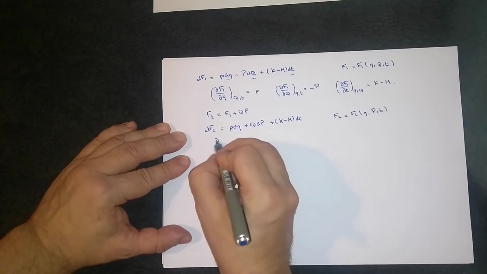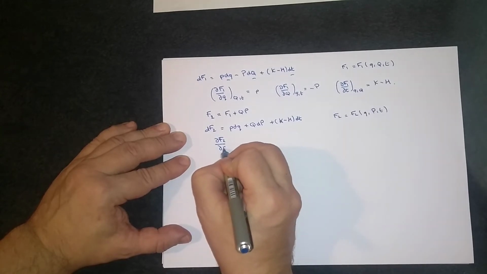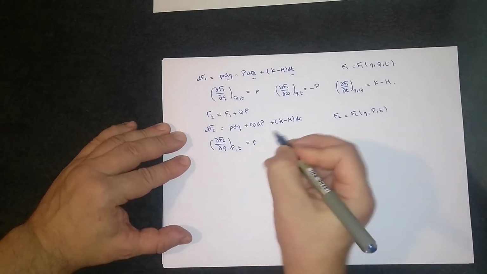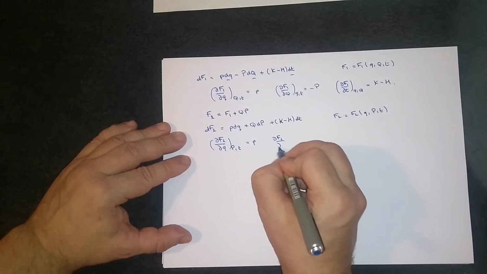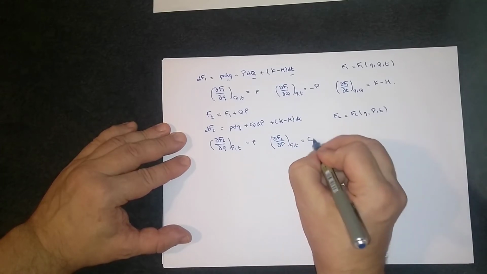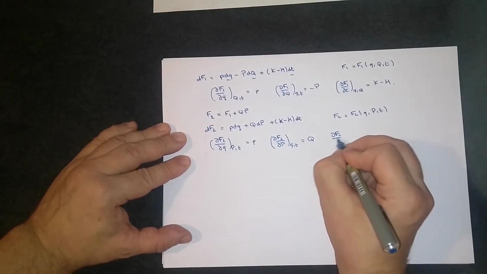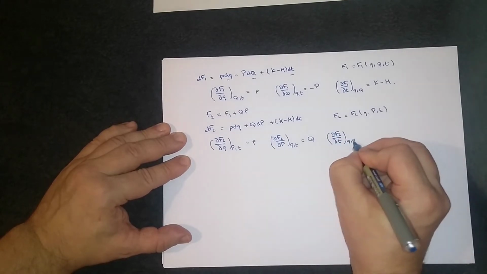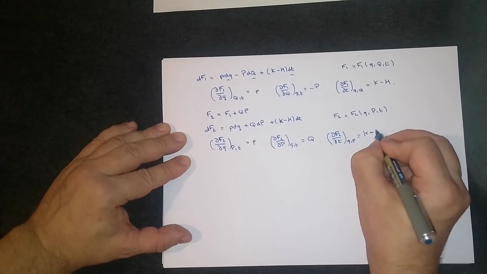We have that df2 by d little q, capital P and t is little p, df2 by d big P, little q and t is big Q, df2 by dt at little q big P is k minus h.